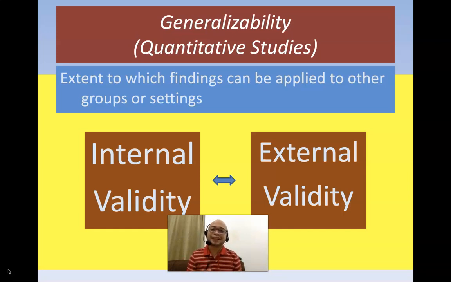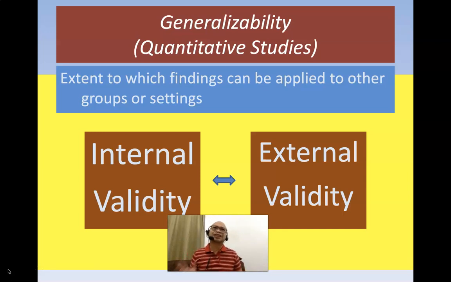Now, what's the difference between the internal validity and external validity? So when you say external validity, it refers to the extent to which results from a study can be applied or generalized to other situations, group, or events.